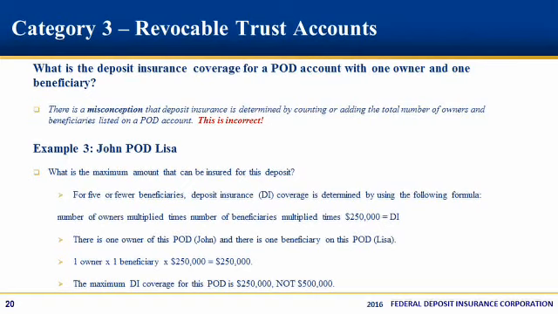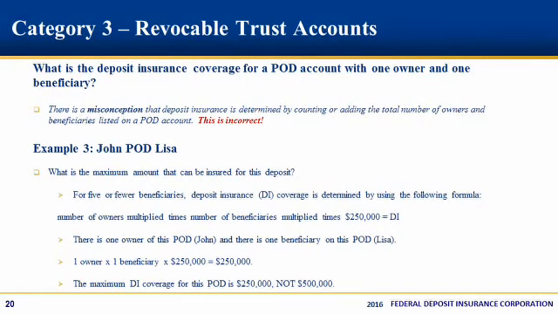Here, in applying our formula for 5 or fewer beneficiaries, we will simply multiply the total number of owners times the total number of beneficiaries times $250,000. So, with one owner times one beneficiary times $250,000, our maximum insurable amount would be up to $250,000.